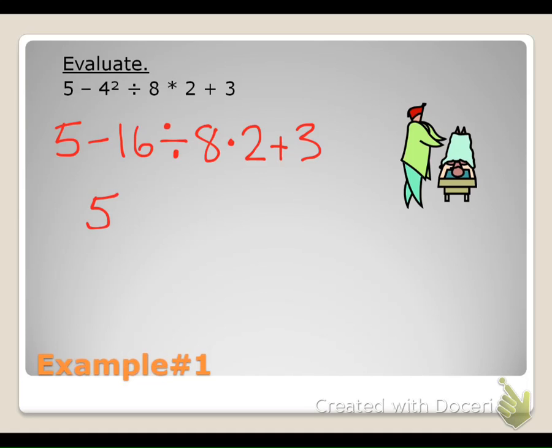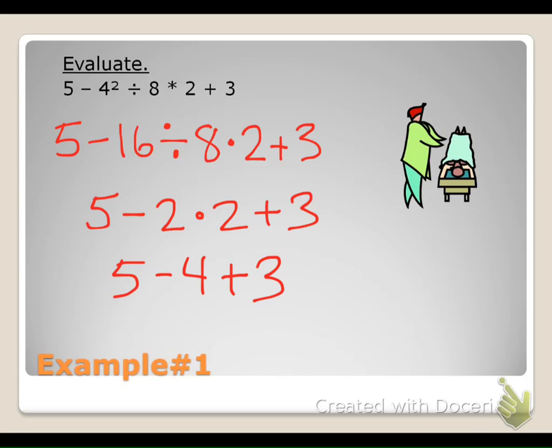Which is? 2, good. And the next one? Good, 2 times 2, so that turns into a 4. 5 minus 4 is? 1, and 1 plus 3 is? 4.